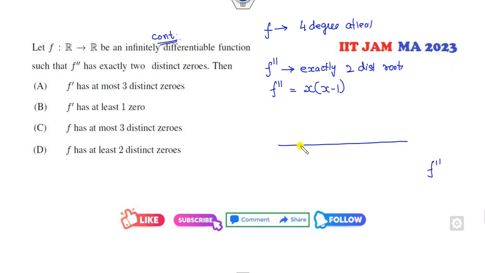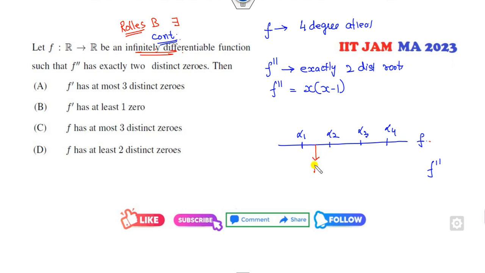Fine. So I can say these are the roots of this f: f1, f2, f3, f4. These are the roots of the f. Now f is my continuous function, f is a differentiable function. So what is the meaning of that? By Rolle's theorem, there exist roots in between them.